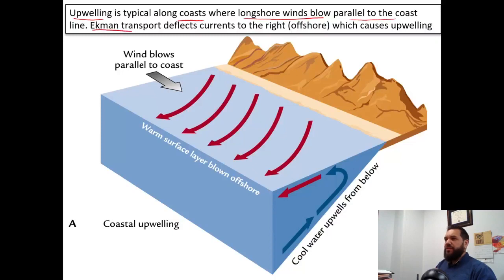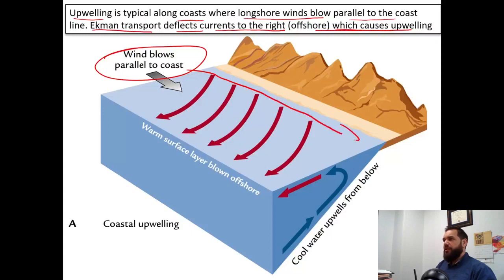So remember, Ekman transport deflects currents to the right, which causes upwelling. If you can imagine the wind blowing along the coast like that, you get Ekman transport, and that causes water movement always at perpendicular angles to the right of that wind.